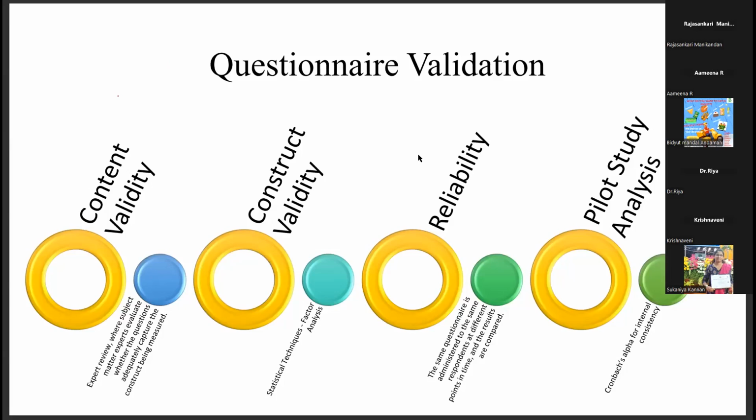And then the reliability check. It means you are checking whether you are taking the data from the right respondents and the results are compared to check whether it is reliable. This is done using the Cronbach alpha, which is a statistical internal consistency check.